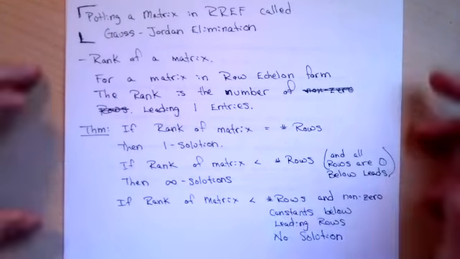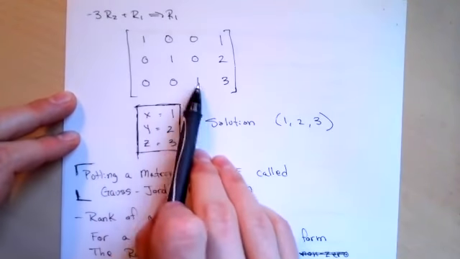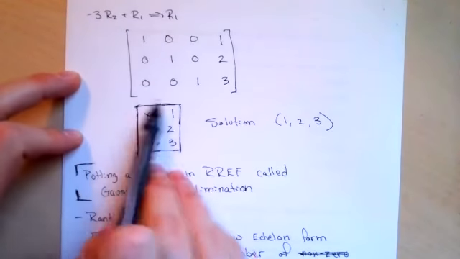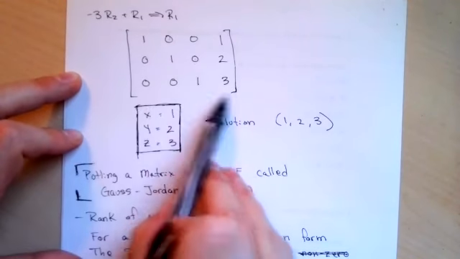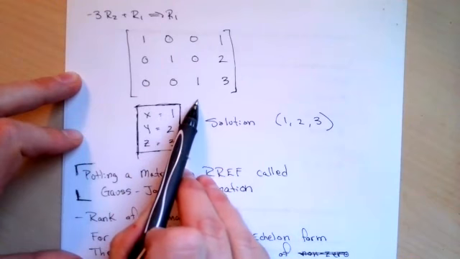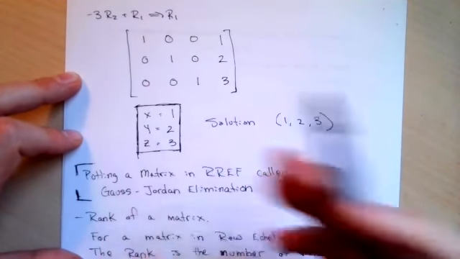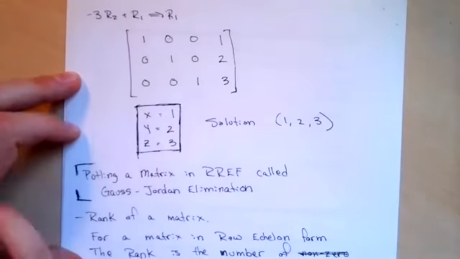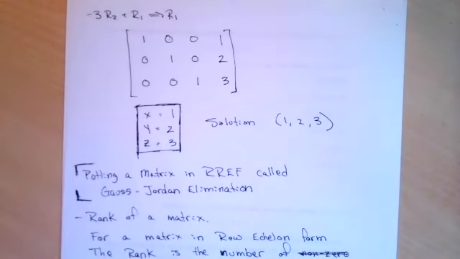So what do I mean by this? Sometimes when we're putting things in row echelon form or reduced row echelon form, we might actually end up eliminating, like if I have another row here and I eliminate all of the z's, I could have 0, 0, 0, and then a constant, like 0, 0, 0, 5. That row corresponds to 0 equals 5. So it doesn't make any sense. In other words, if we get mathematically contradictory statements, then there's not going to be a solution.